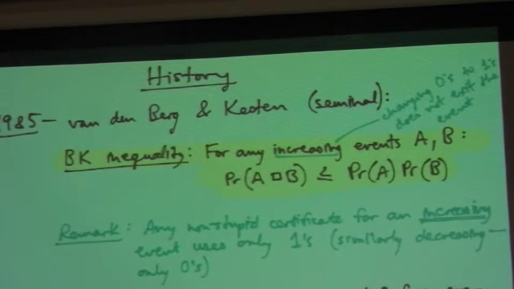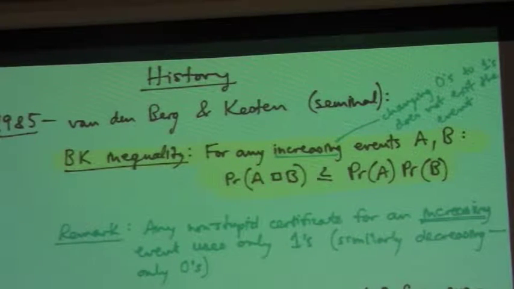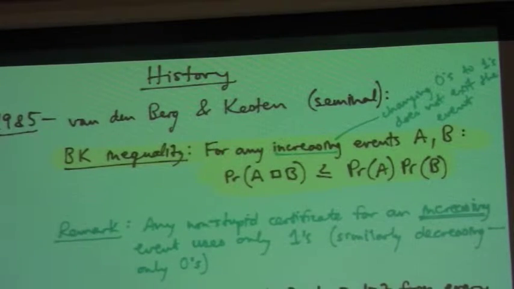So how do you think of this? Here's an observation. If A is an increasing event, then no non-stupid certificate for A ever promises a 0.